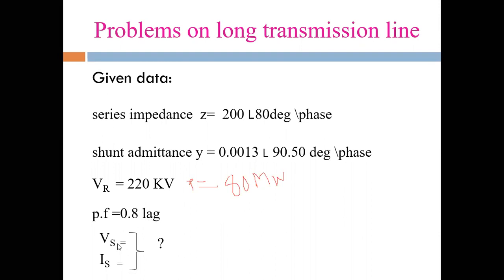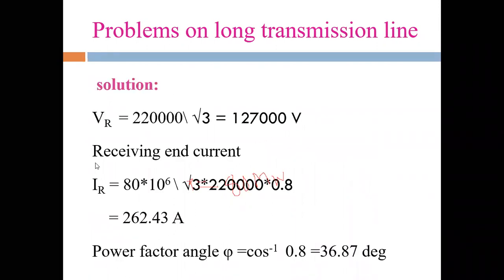Then we find out the sending end voltage and the sending end current Is by using the rigorous method. This is the given data. By using this given data, we find out the value of the sending end voltage and the sending end current.